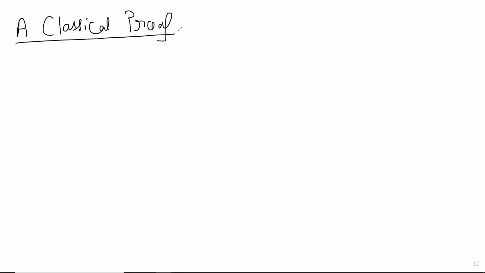Now we come to this classical proof. So we are doing an area-based proof of the Pythagoras theorem. So this is, let's say, proof without words. Area-based proof of Pythagoras.